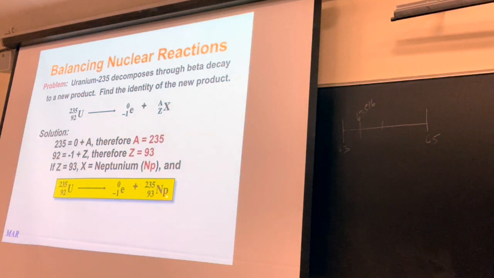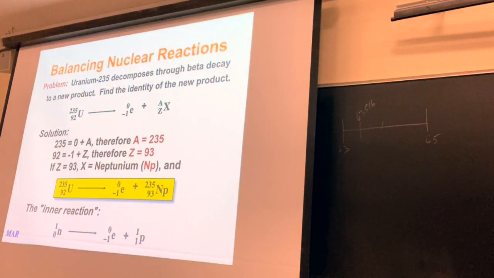We found the symbol based on the periodic table's atomic number. Oh, and beta decay. Decay means that you're going to have that thing as a product. So in this case, because it was a beta decay, that means you'd have a beta particle as a product. If it was, for example, a neutron decay, you would have the symbol for a neutron right there. Decay always means product.